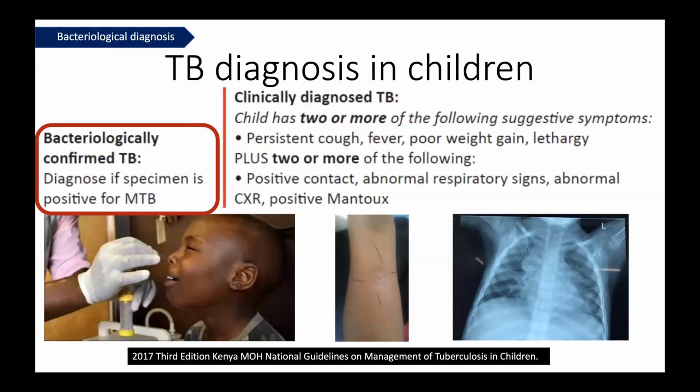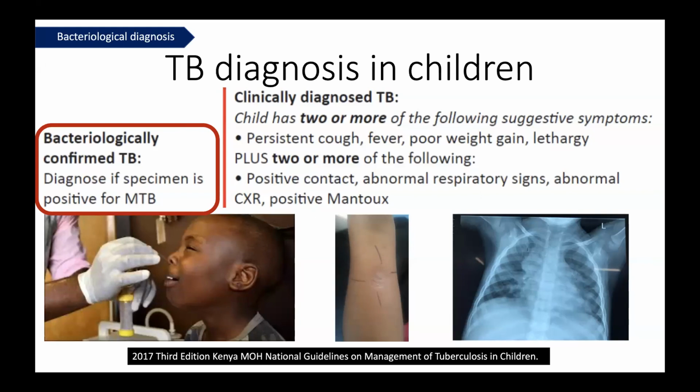TB in children is really a clinical diagnosis. However, we must strive to confirm it bacteriologically, and it is doable in all our contexts. And we've seen that the sensitivity and the diagnostic yield do increase, in terms of the evidence, when you have more than one sample, and also multiple specimen types.